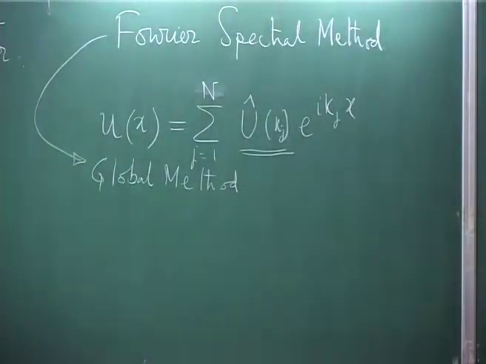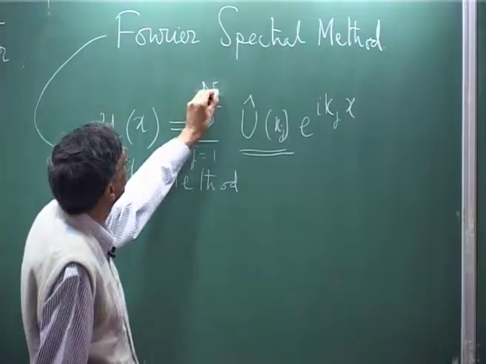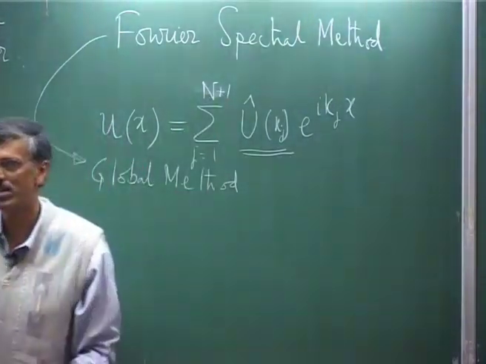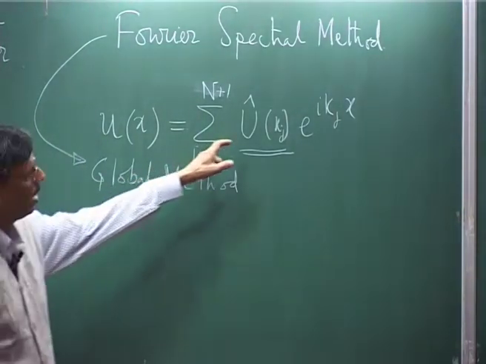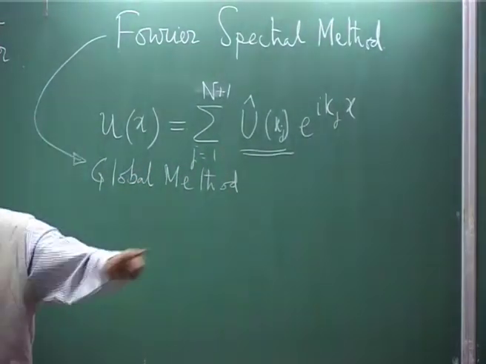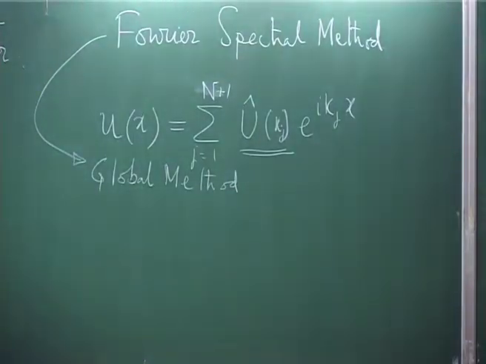So, for example, if I change from n to n plus 1, I have just added one more term in the Fourier representation. You would be surprised to see that this quantity will change across the whole scale. That is your global method, right? That is what we are saying, that if we use a spectral method, this is a global method.